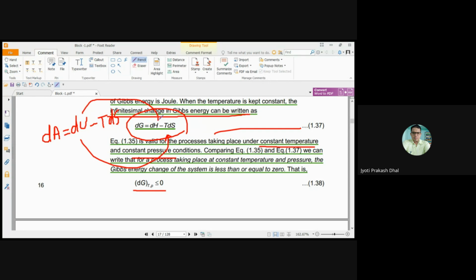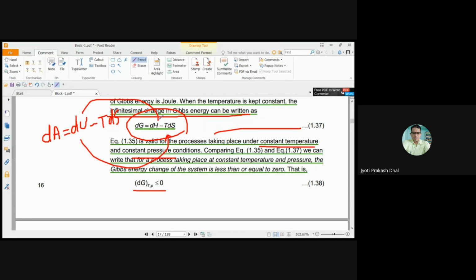Because in the previous condition, the process was carried out under constant temperature and constant volume, and in this condition, the process is carried out under constant temperature and constant pressure.